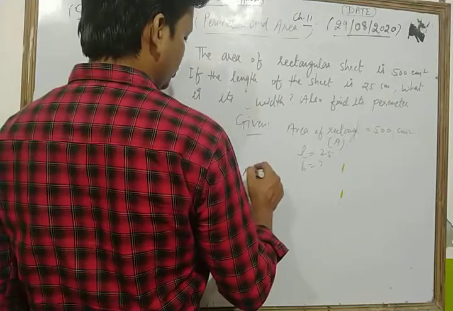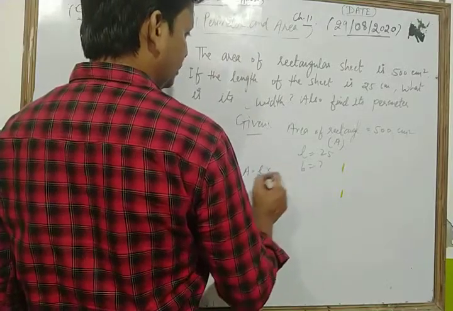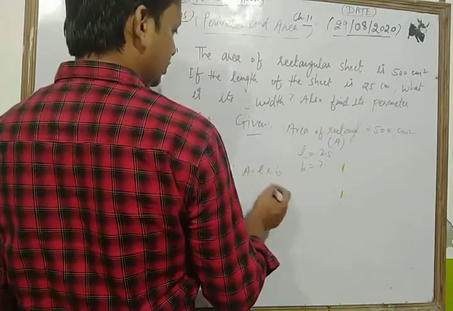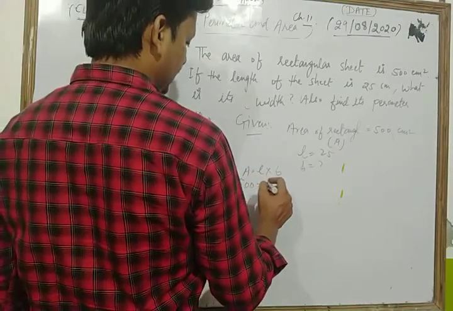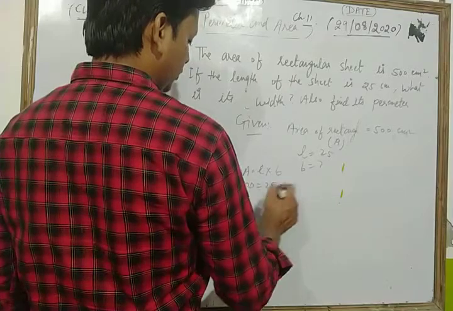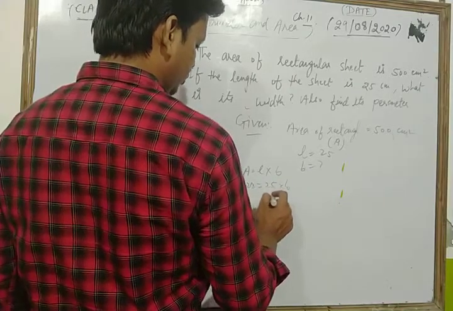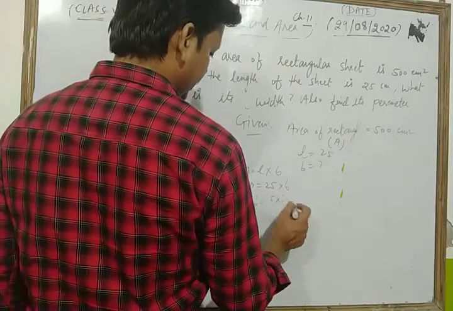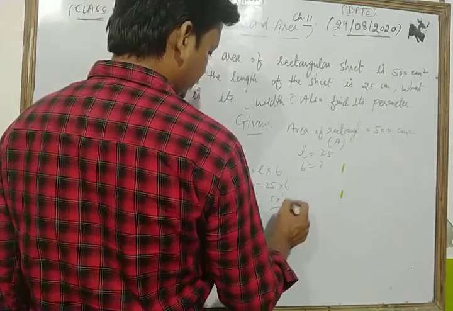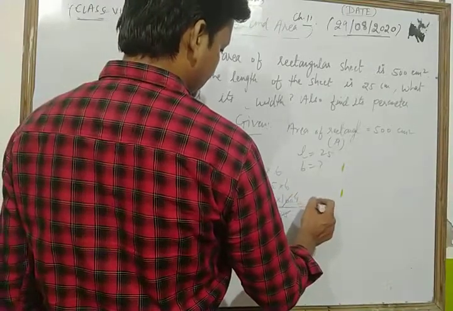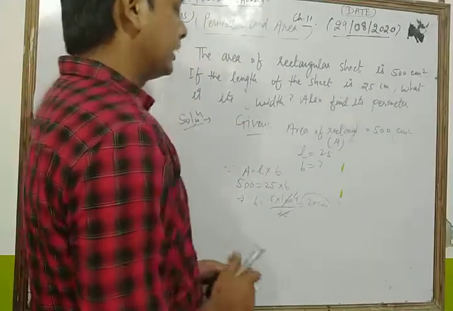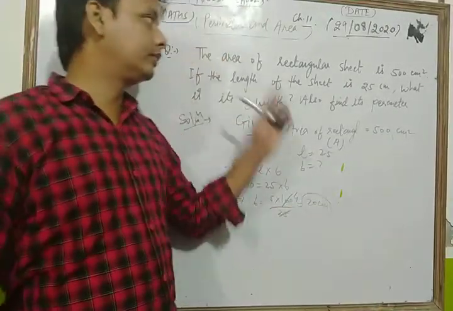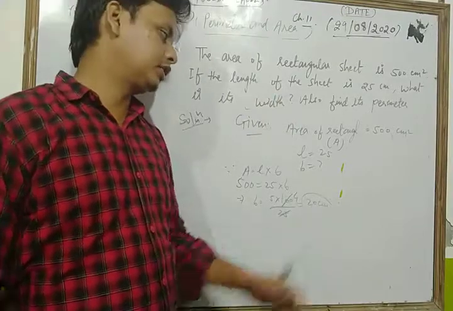Since we know that area is equal to length into breadth, we put the value of area and length in this formula. We get 500 is equal to 25 into B. So the value of B is equal to 500 upon 25, which is 20 centimeter. So we can say that the width of that rectangular sheet is 20 centimeter.